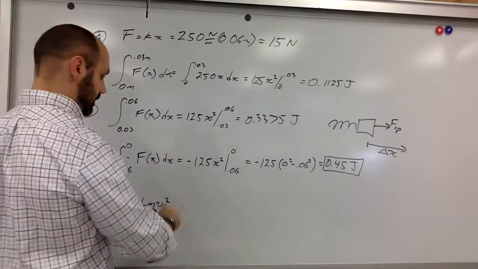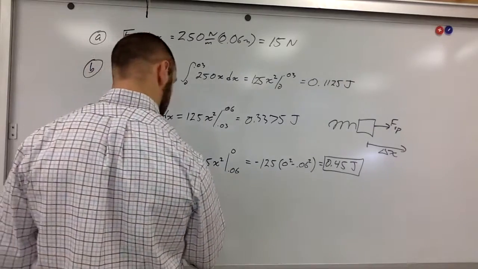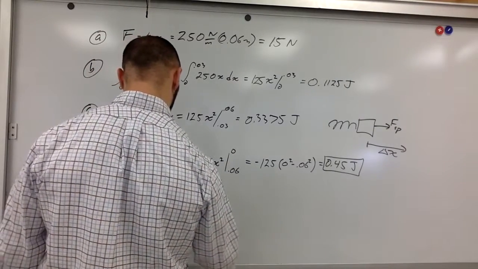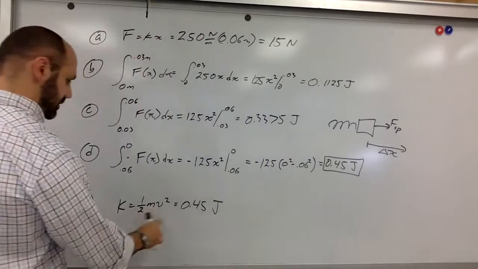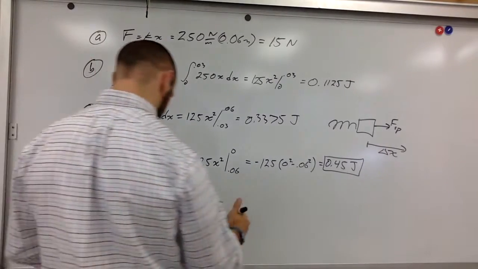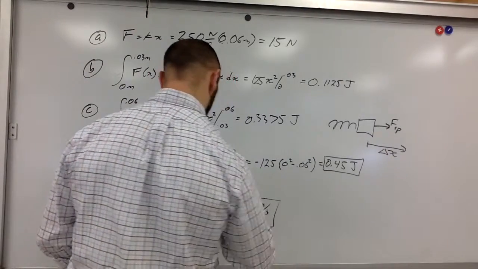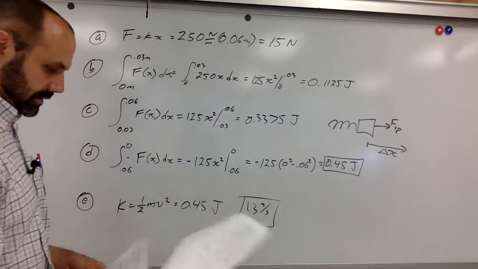And so if that's the work done, that's going to be equal to the change in kinetic energy. So this is going to be equal to 0.45 joules. So all I'm doing is multiplying by 2 and dividing by m, and we end up with 1.3 meters per second. Okay.